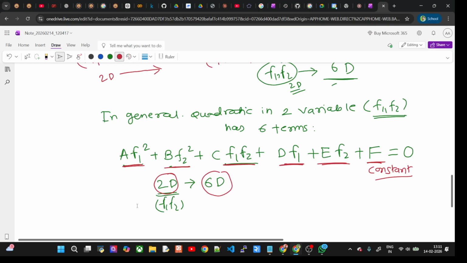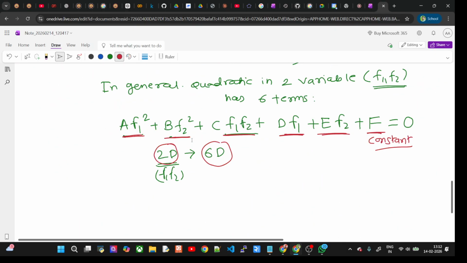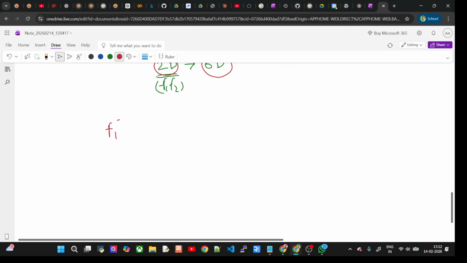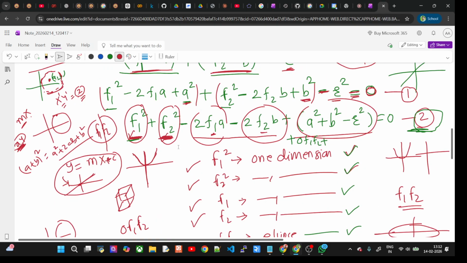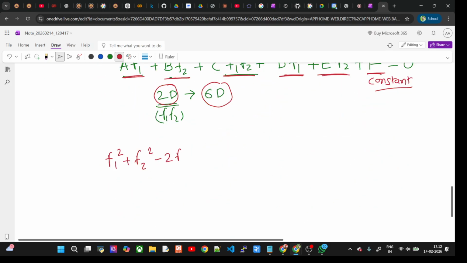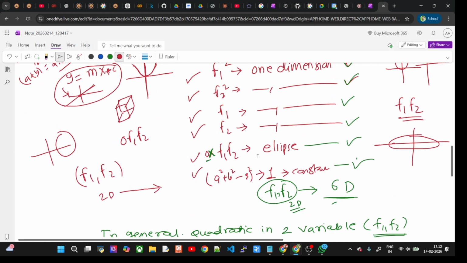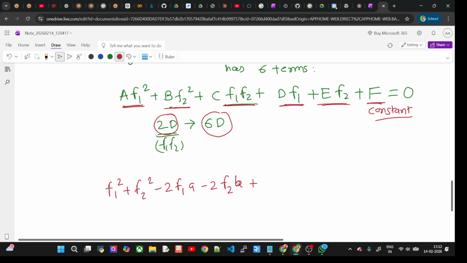So in the earlier equation, what we got, equation number 2, maybe I will write equation 2 once more down here. f1 square plus f2 square minus 2 f1a f1 minus 2 f2a f2, plus a square plus b square minus r square equal to 0.